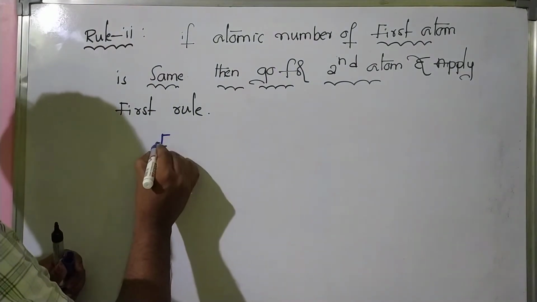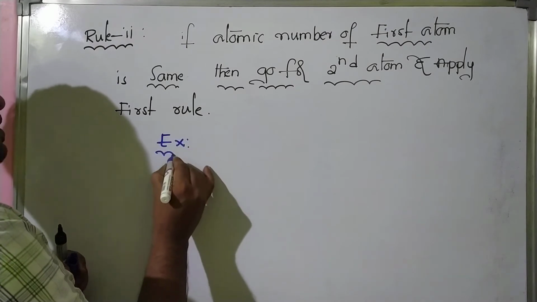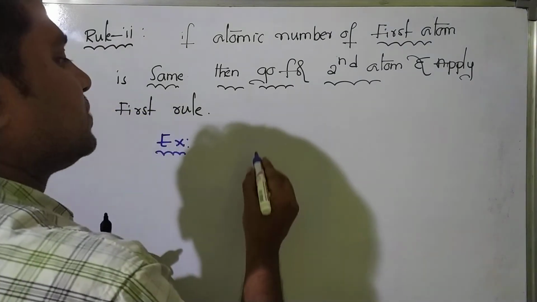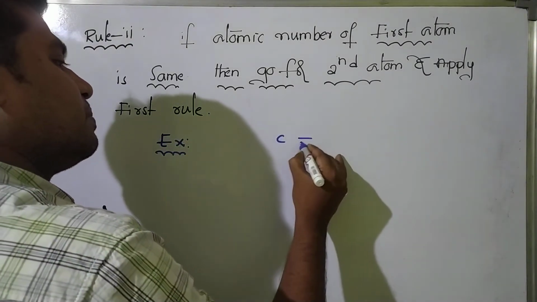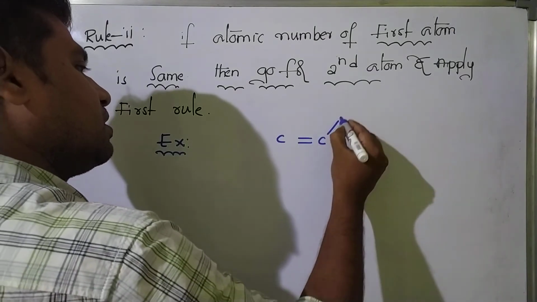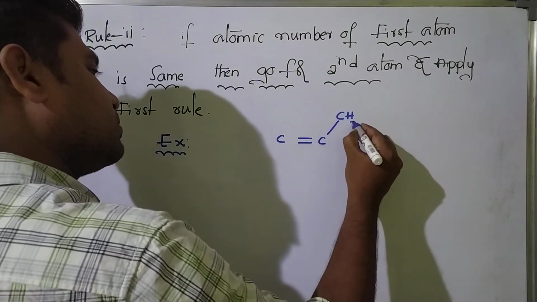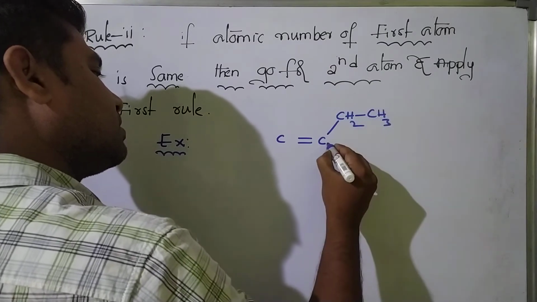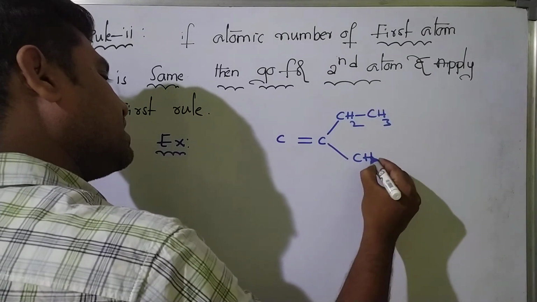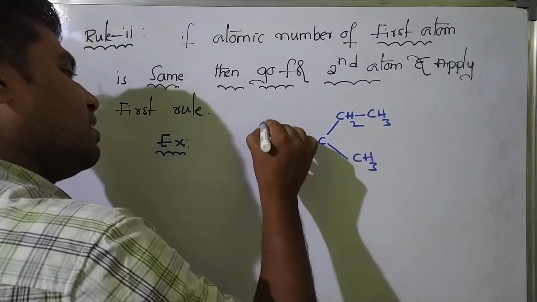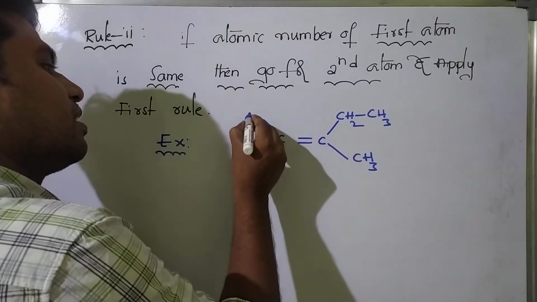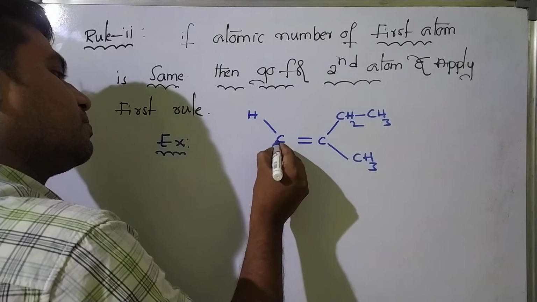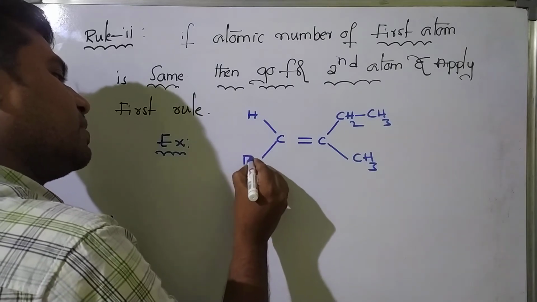The example is, please note immediately, this is C double bond C, this is CH2, this is CH3, so this is CH3, here hydrogen atom, here some bromine atom.